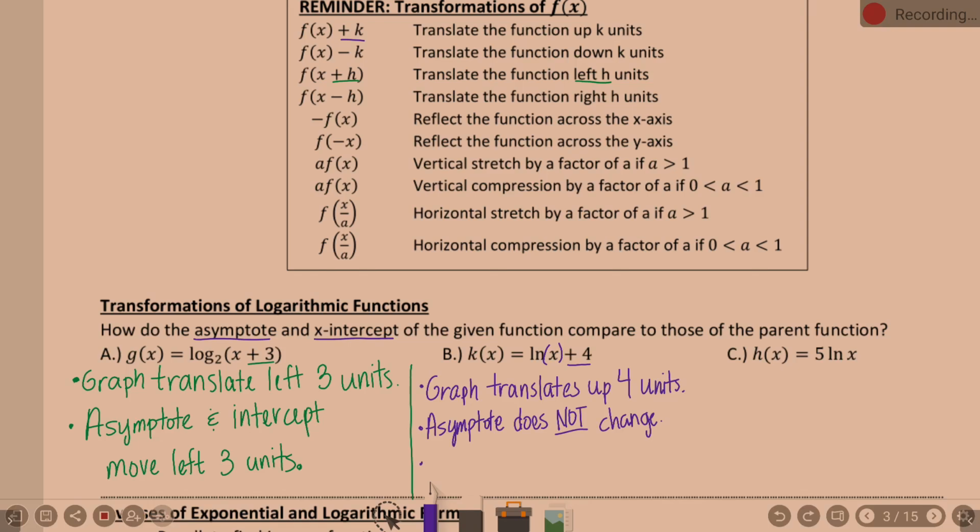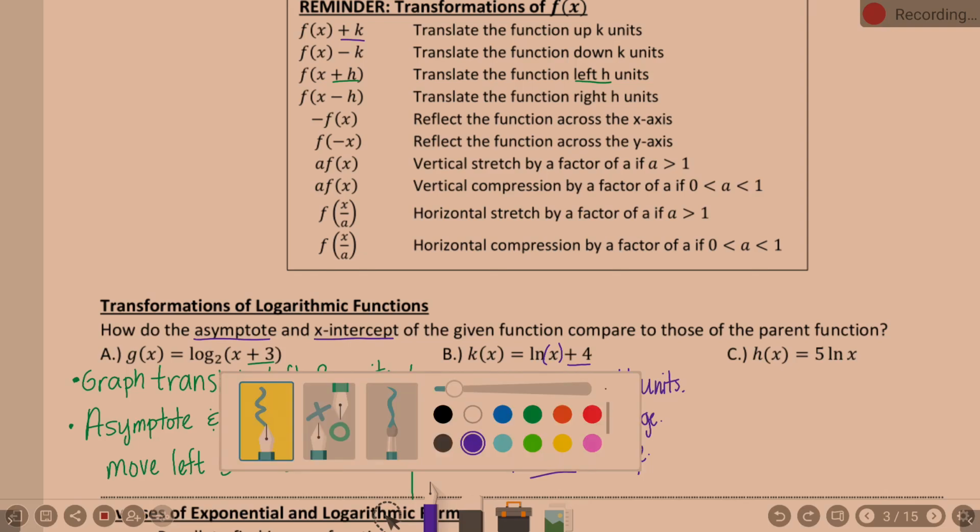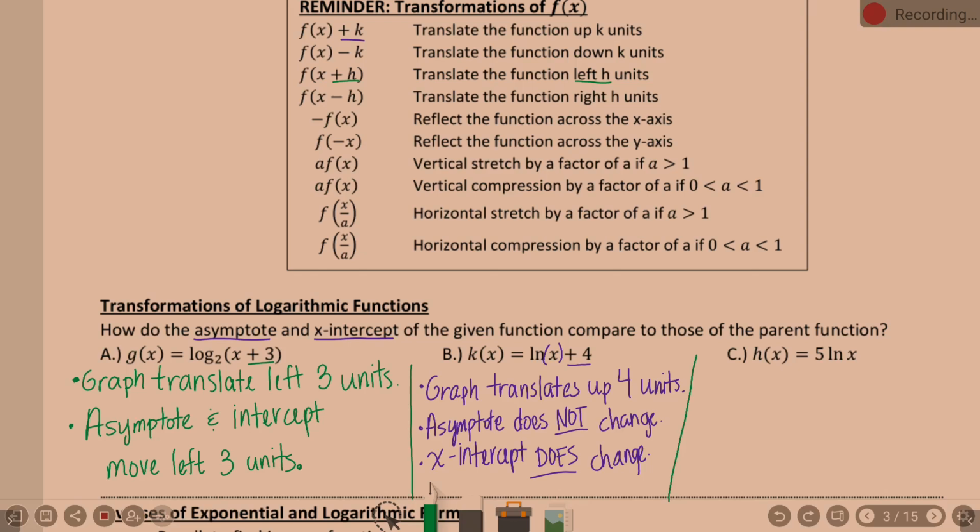We're just going to say that it does change. So there's a good example of one where we've got one changing and one not changing. In example A, they both change because they both moved left 3. In this one, one's going to move up, the other one, it's a vertical asymptote. It can't really move up.